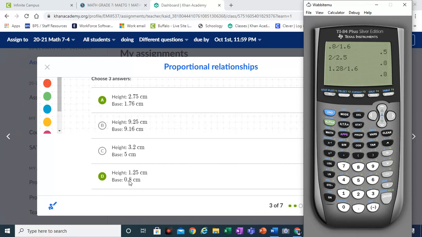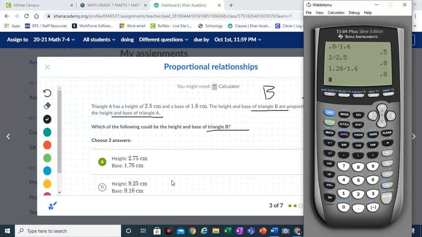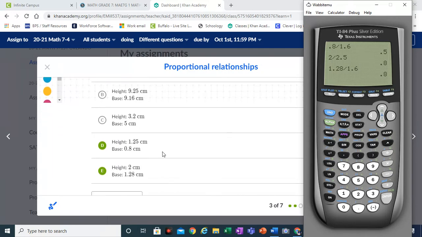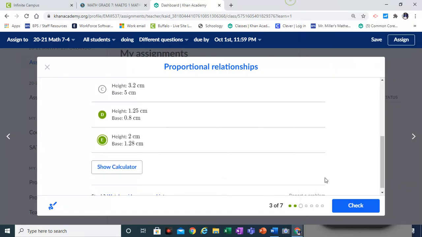And there we go. So there's our answers. So we had A, we have D, and we have E.